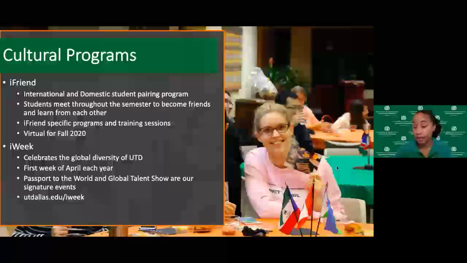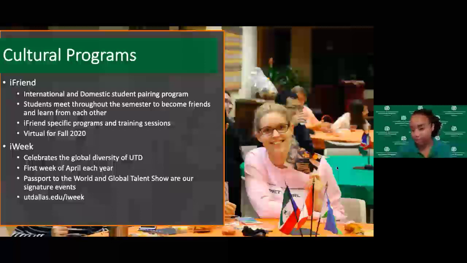We also have iWeek, which is a very large campus-wide event. This is usually held in spring. This past spring, of course, we had a virtual event, but iWeek celebrates the global diversity of UT Dallas. We have two signature events. One is called Passport to the World, where we see a lot of cultural organizations.